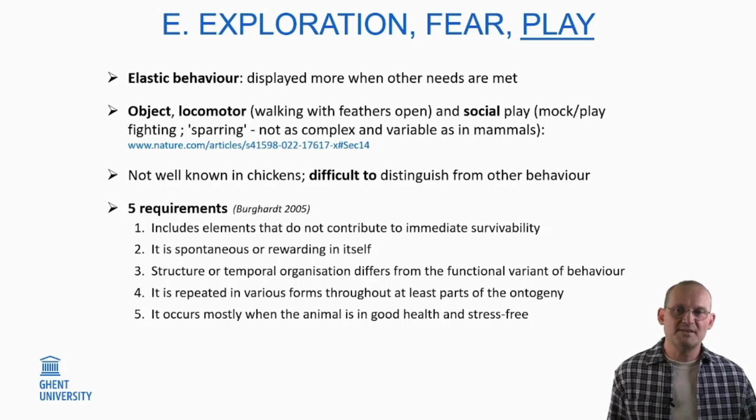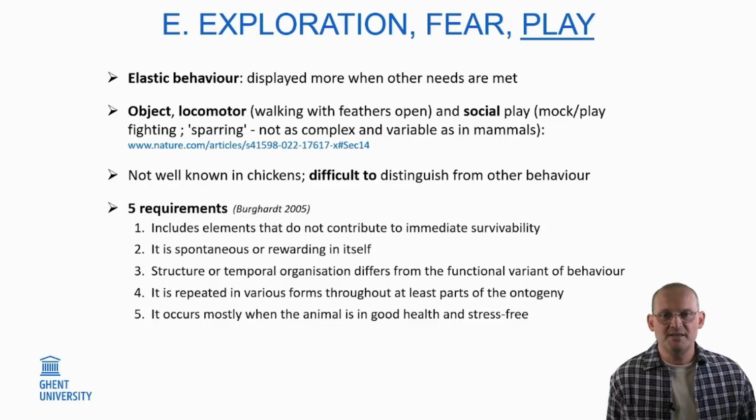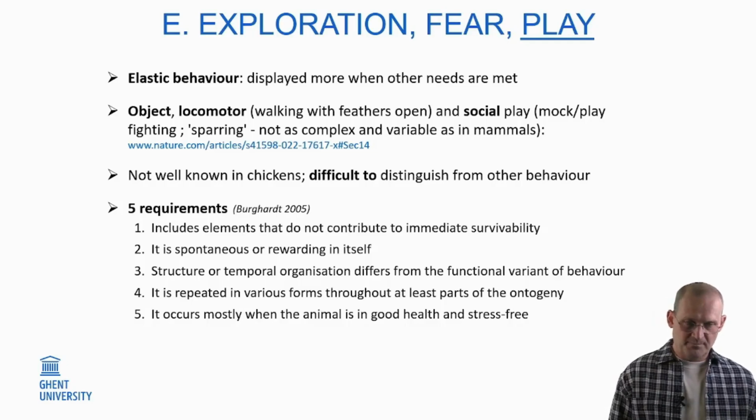And these five requirements are that it includes elements that do not contribute to the immediate survival of the animal. It's spontaneous or rewarding in itself, and the structure or the temporal organization differs from the functional variant of the behavior. It is repeated in various forms throughout at least parts of the ontogeny, and it occurs mostly when the animal is in good health and free of stress.